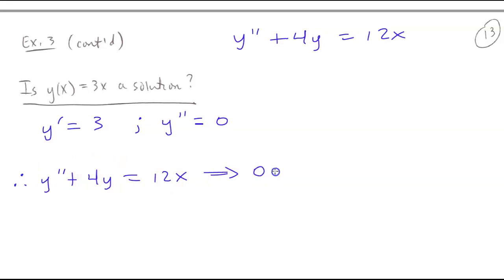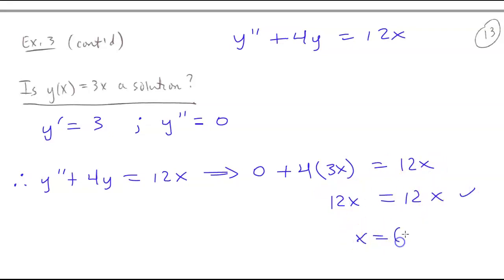The second derivative would be 0. 4 times the original function would be 3x, and that will be equal to 12x. So again, we have 12x is equal to 12x as long as x is any real number. So therefore, this is also a function that will satisfy this particular differential equation.